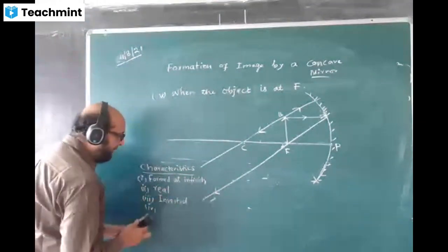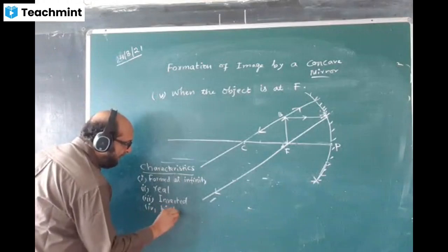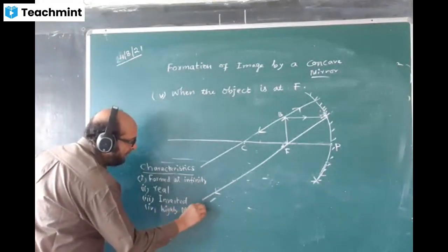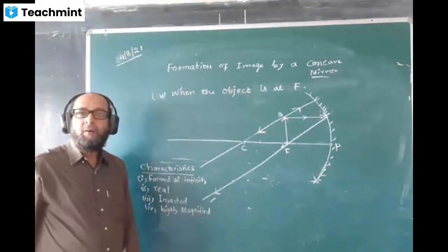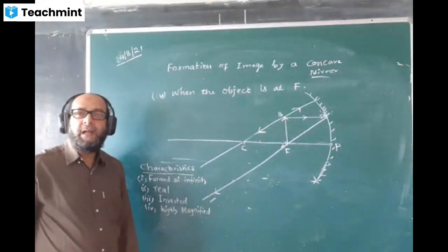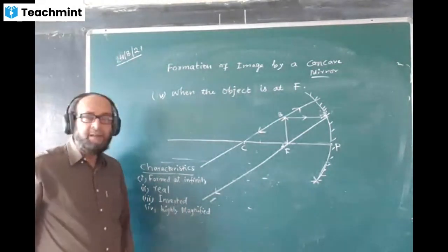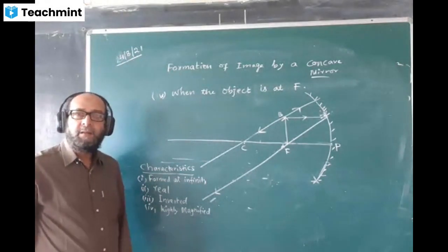Anything at infinity is very big. So we will be writing here highly magnified, very large. Highly magnified we can write, or extremely enlarged. Let us write highly magnified. Infinity thing is that very big.